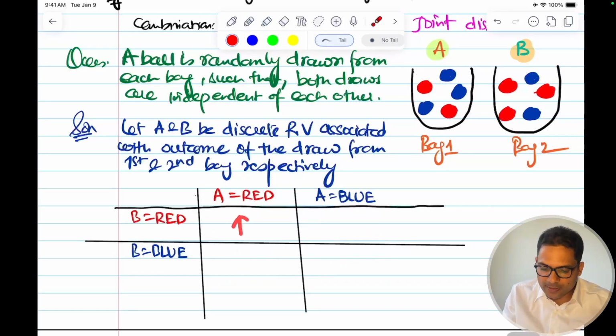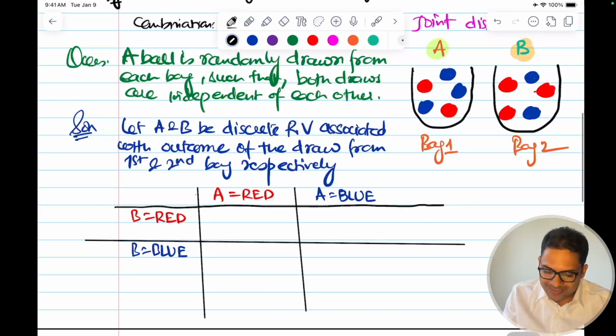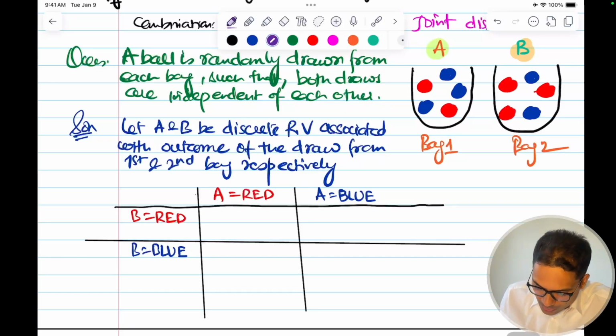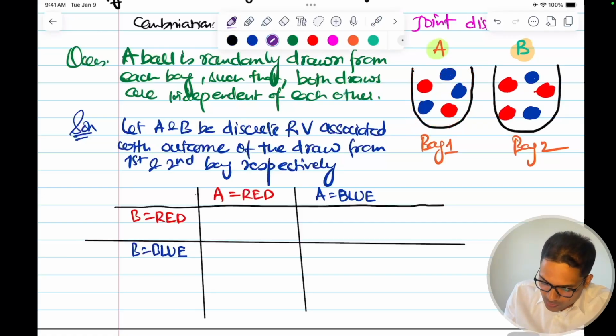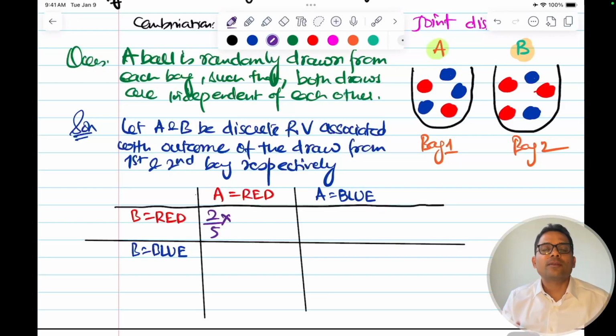So what is the probability here? Let's write it down. What will be the probability of drawing a red ball in the first draw? This is coming from the first bag, so that will be 2 out of 5. So this will be 2/5 times, since both are independent, the joint probability will be the multiplication of both.